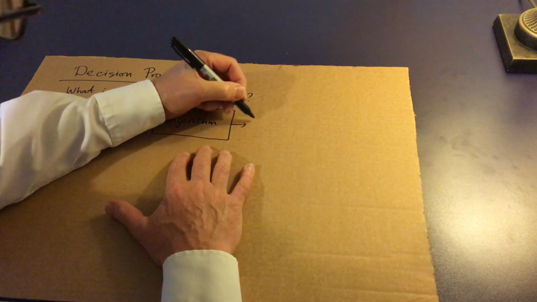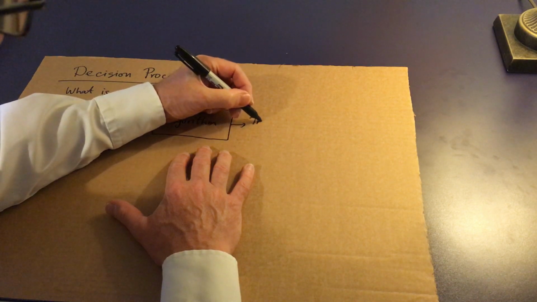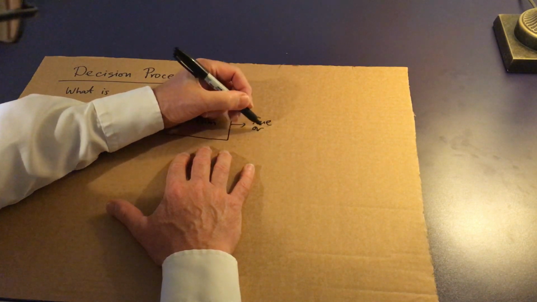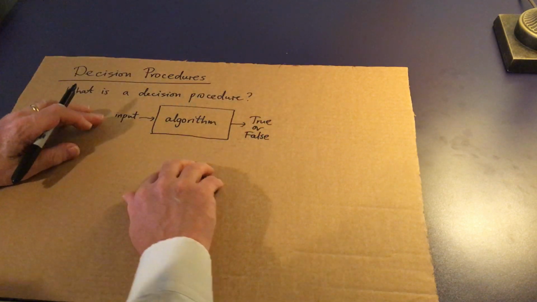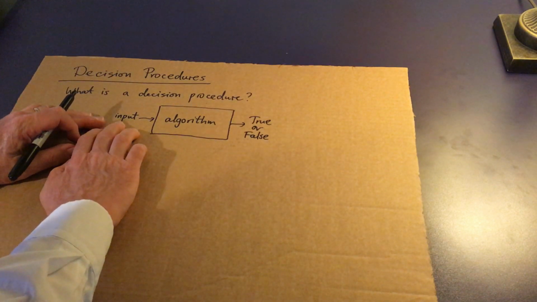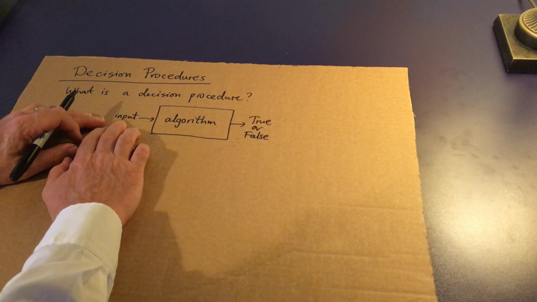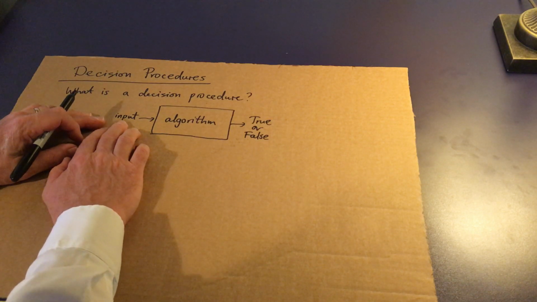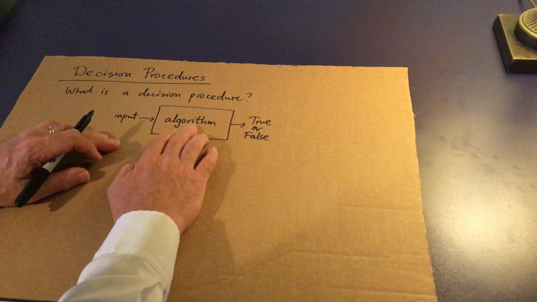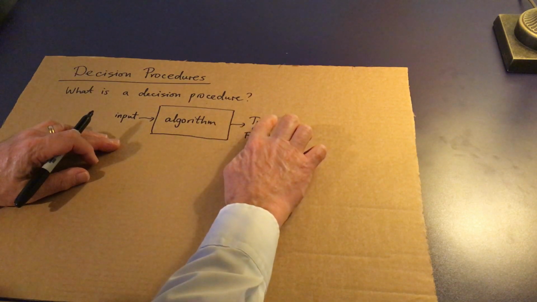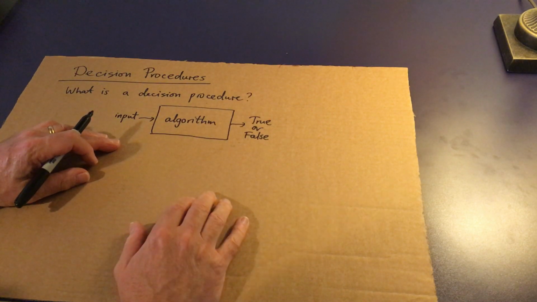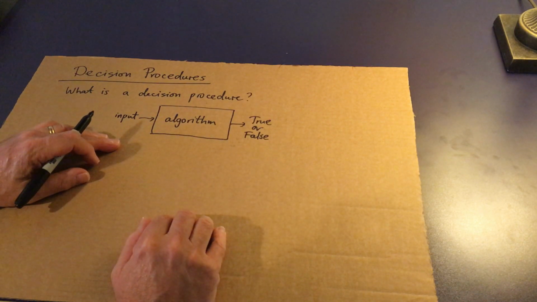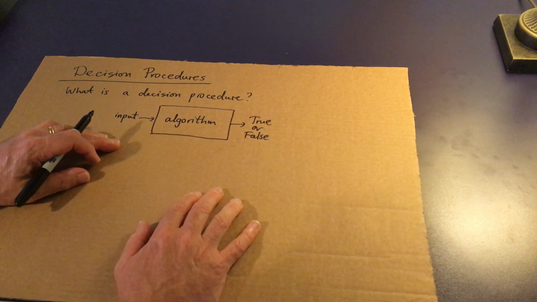And the output is going to be true or false. So what we're doing is that we're feeding our algorithm a particular member of a set, and the algorithm is deciding whether or not that particular member of the set accords to some test or not. We're going to test it to see if it is one of those or not.